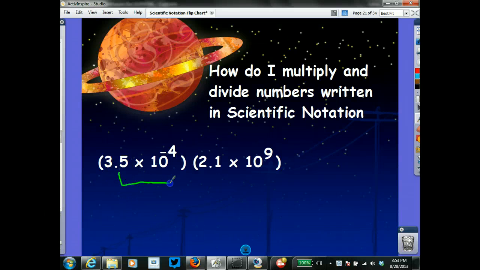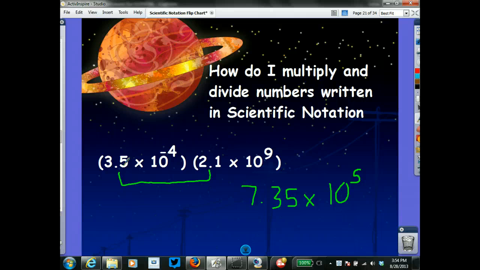So here, 3.5 times 2.1, I'm going to get 7.35 times 10, and then I'm just going to add my exponents, negative 4 plus 9, and I would get a positive 5.